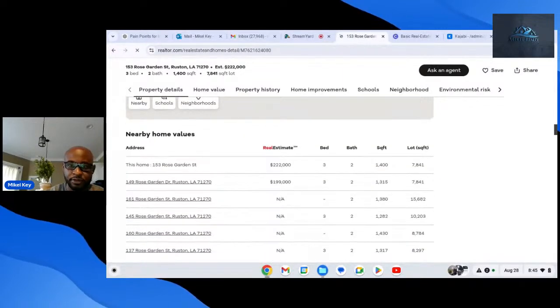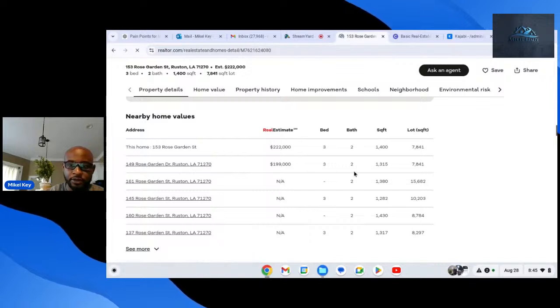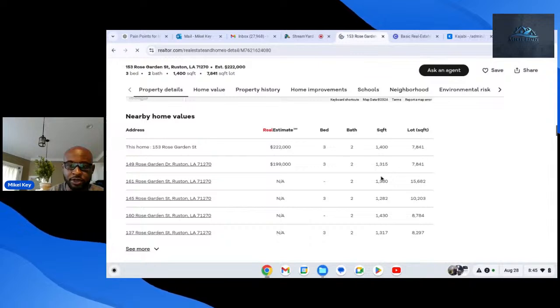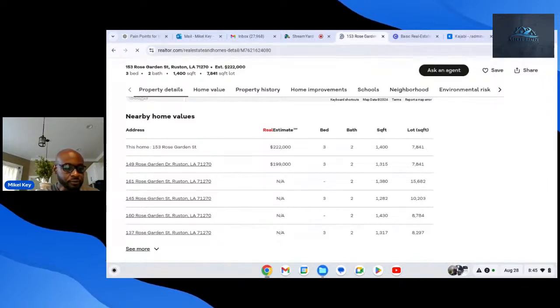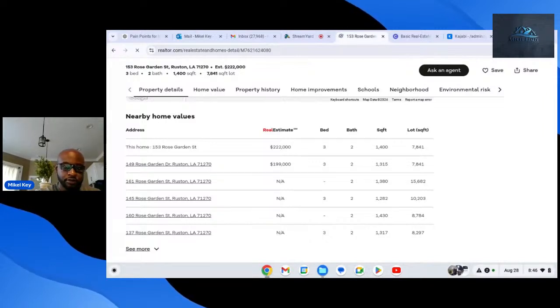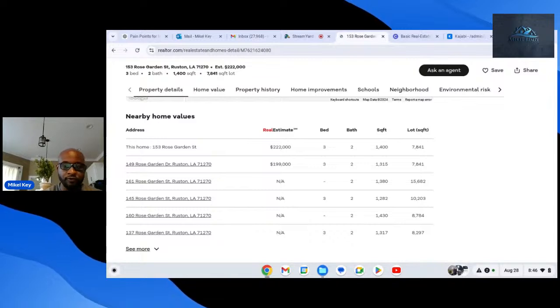So listen, it also gives you comps for your area. As you can see, 149 Rose Garden, 3-bedroom, 2-bath, 1,315 square feet. If we play around with that number, we'll just do some basic math. We go $199,000 divided by 1,315, which is $151 a foot.